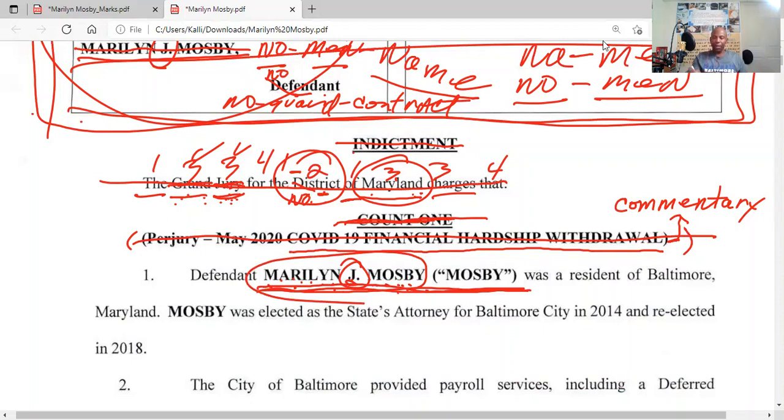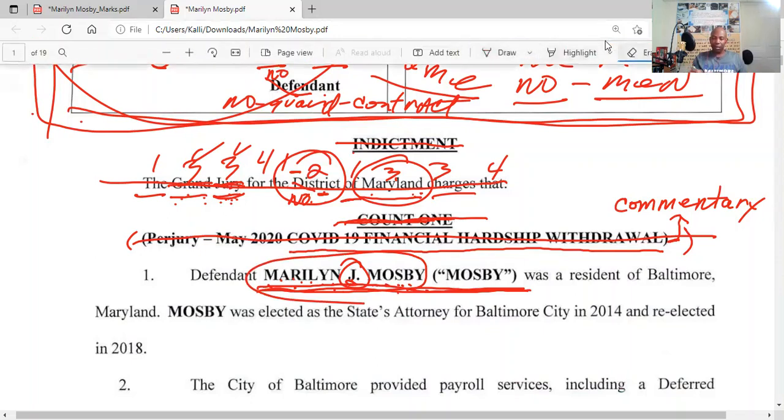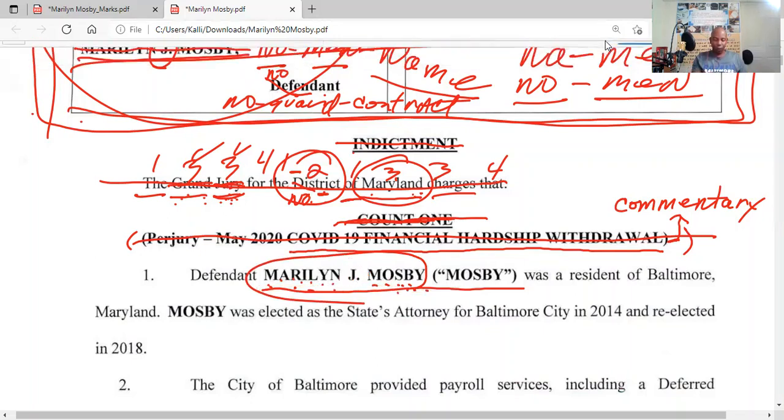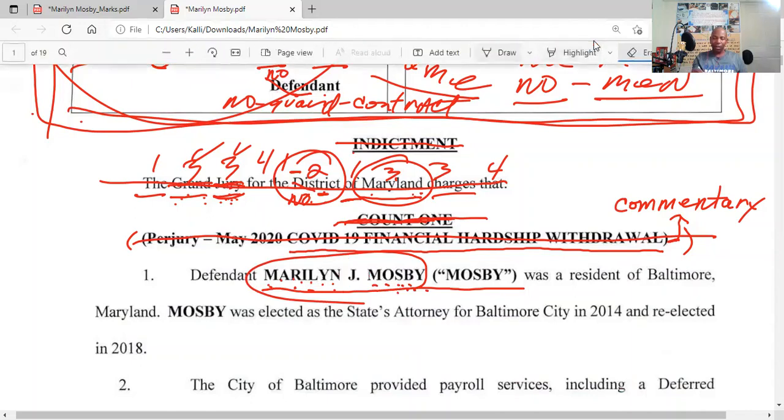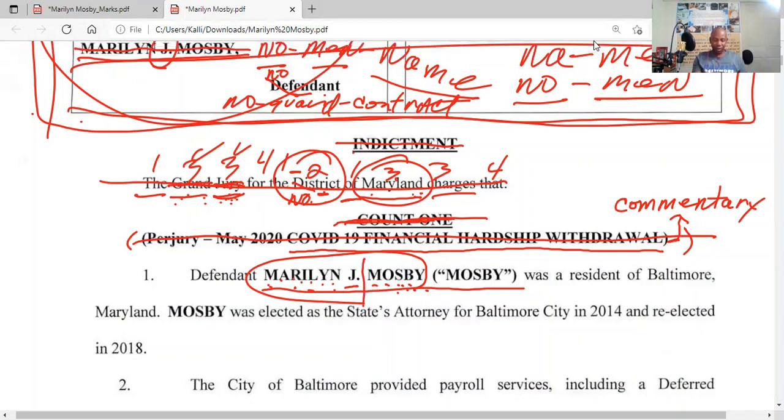However, because there is a full stop here, we must pay attention to punctuation. Because it's a full stop right here, there's a separation, a partition, right? Period. A full stop means that it separates what's over here from what's over here.